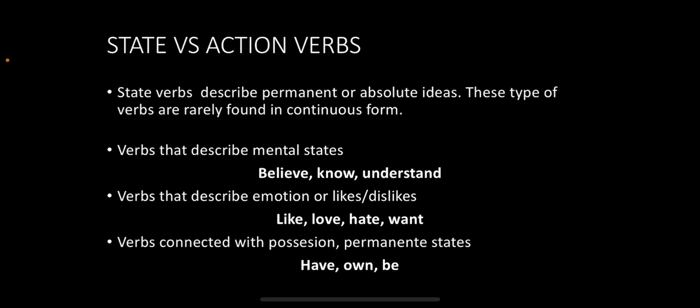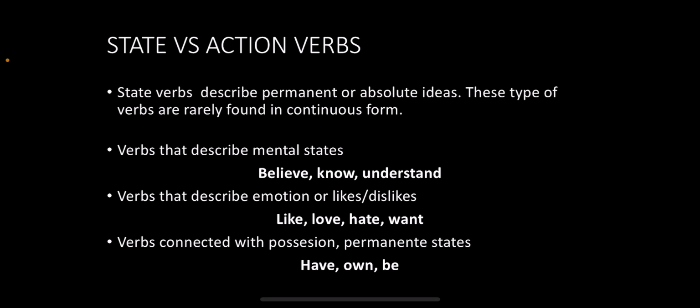So for state verbs, because they describe permanent or absolute ideas, these types of verbs are not commonly found in continuous form. Verbs that describe mental states are state verbs, like believe, know, understand. So you understand or you don't understand. We don't say, I'm understanding the lesson. That's not correct, right?